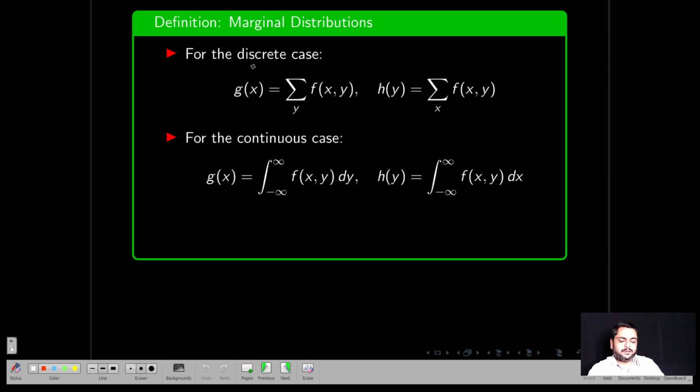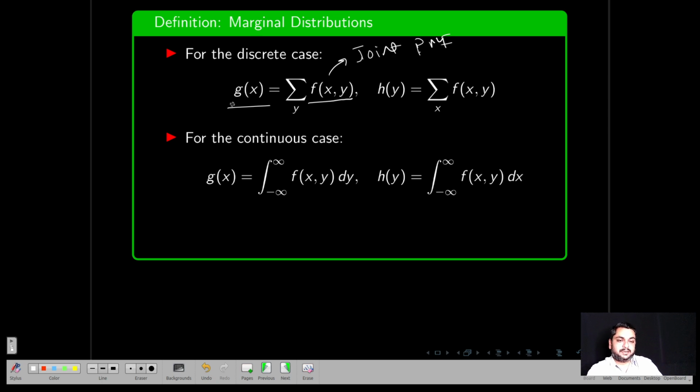For discrete random variables, given f(x, y) is the joint probability mass function, this is our joint PMF. What is the marginal distribution for the random variable x? Marginal means we only consider one of the variables and calculate its probability distribution using the joint PMF.